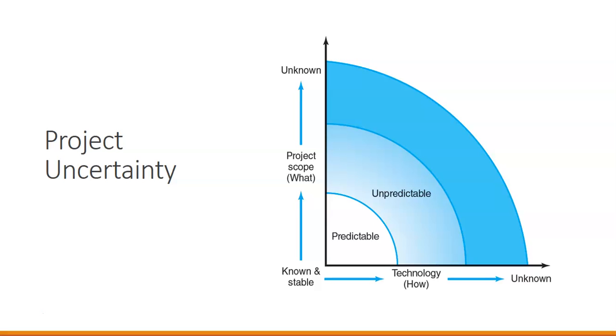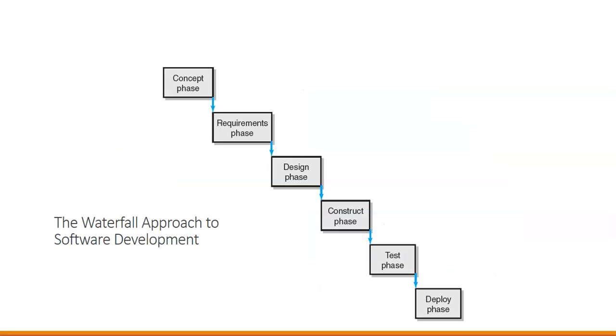So the more unpredictable a project is, and the more unknown the technology is, the more likelihood that agile project management will actually improve your outcomes versus traditional project management techniques. Previously, before agile became popular, software development used a waterfall approach for project management.